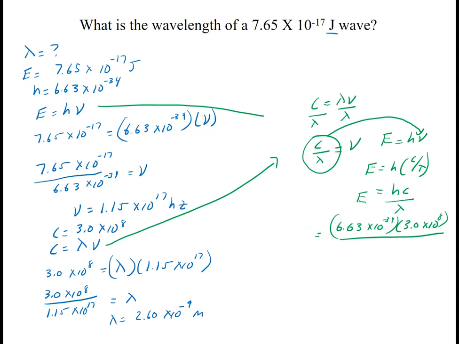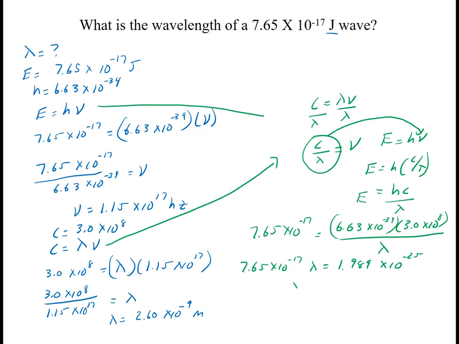Oops, I had an energy, that's what it was. I'm going back to the last problem. My energy was 7.65 times 10 to the minus 17th, and this is my unknown, so I need to multiply both sides by my unknown. So I have 7.65 times 10 to the minus 17th lambda. When I multiply these two terms together, I get 1.989 times 10 to the minus 25th.